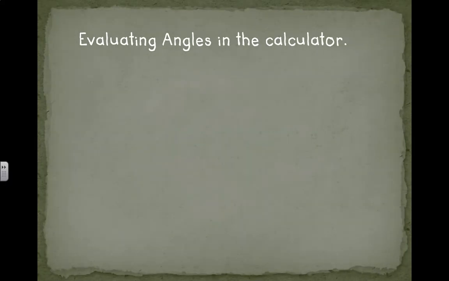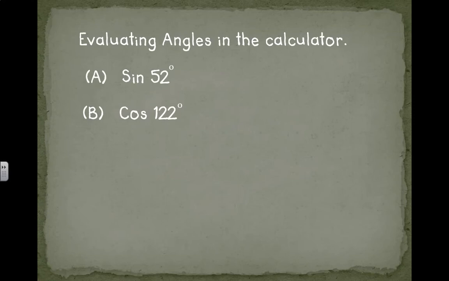So, evaluating angles in the calculator. If you put in sine of 52 degrees and cosine of 122, you should be checking to see what you get when you put those in. I'm not going to be able to type them in here, but for the sine of 52 degrees, you should have something like 0.788.